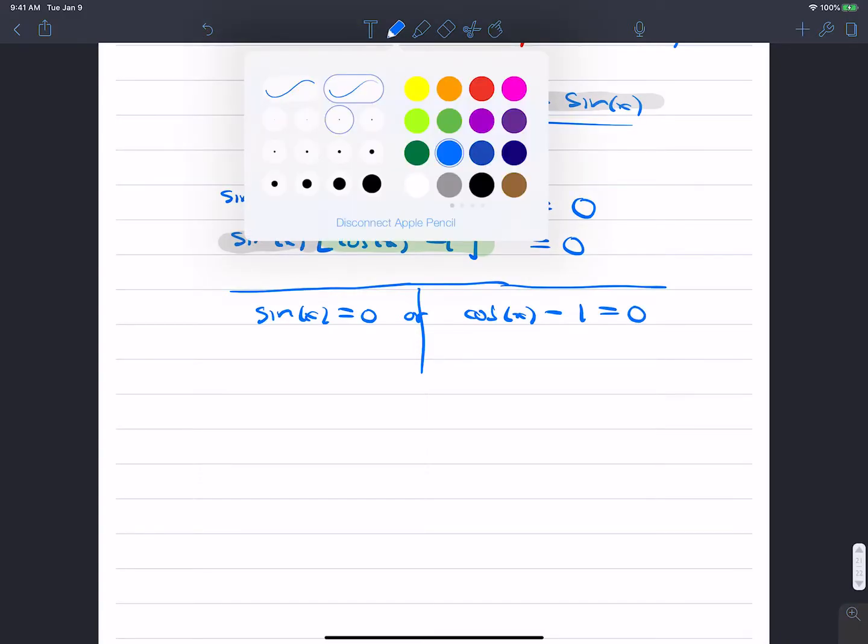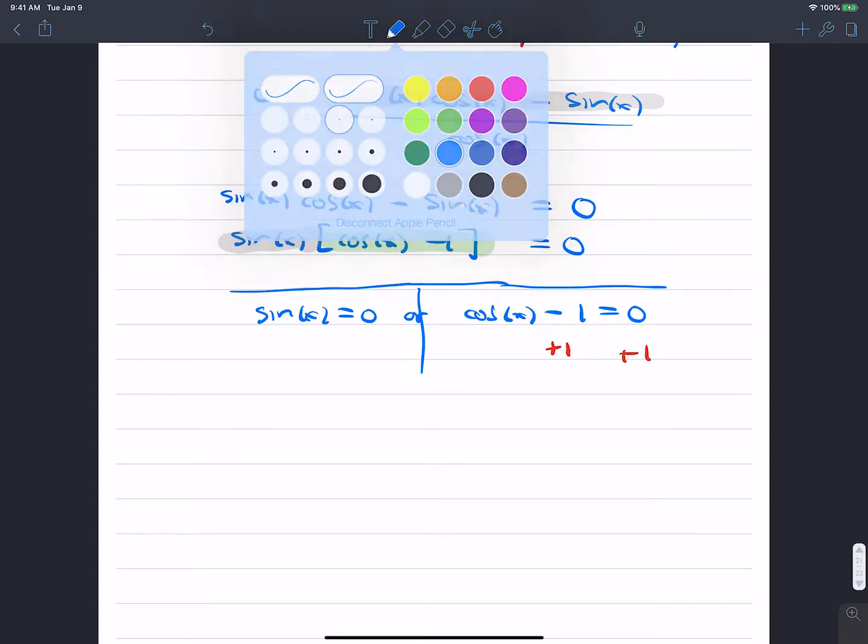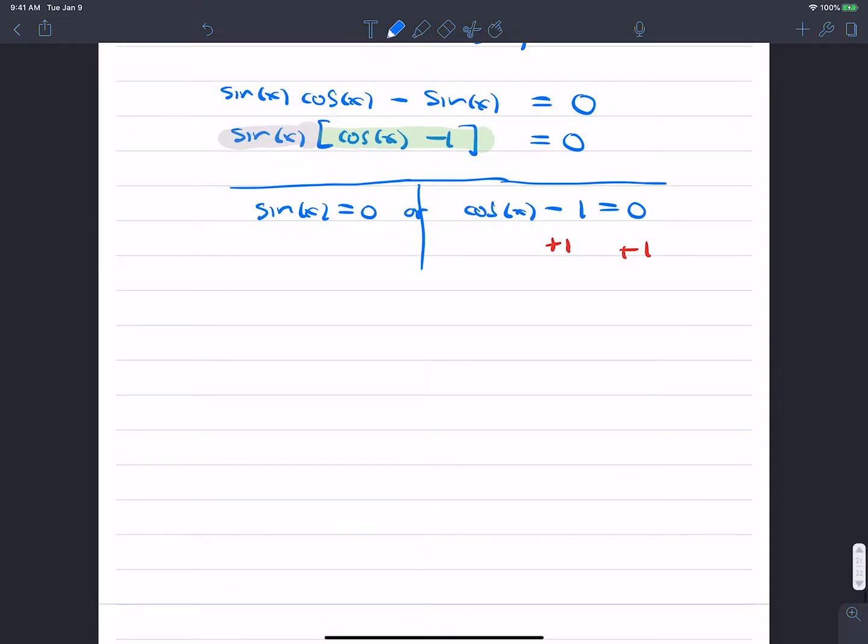Now, if I add 1 to both sides here, here's what this means: cosine is 1. And so I have these two equations here. I got sine is 0, and I got cosine is 1. So I'm going to have to solve both of these in general.